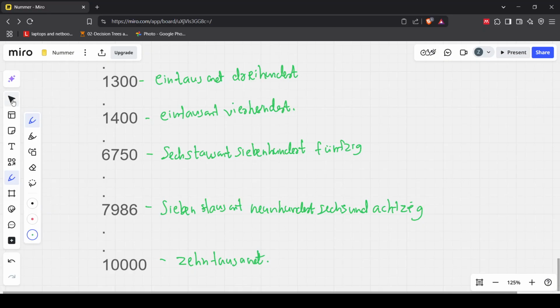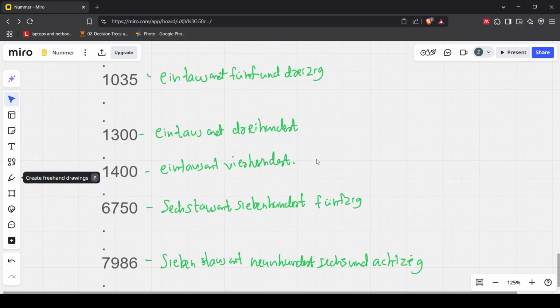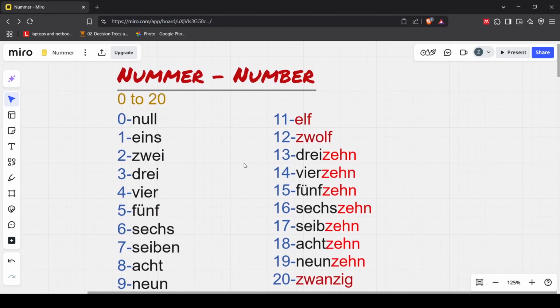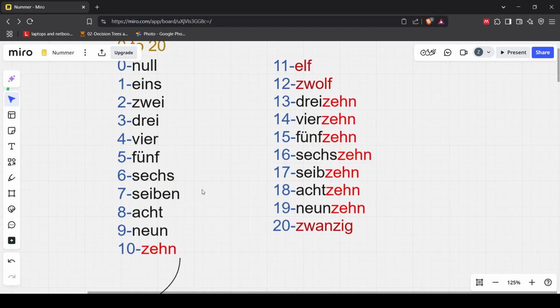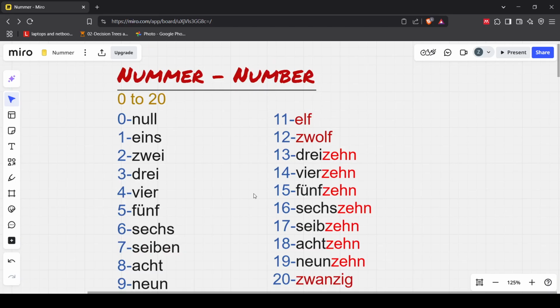So that's it. This is how we count the numbers. As a recap, let me explain the numbers. 0, 1, 2, 3, 4, 5, 6, 7, 8, 9, 10, 11, 12, 13, 14, 15, 16, 17, 18, 19, 20. A tip which I use to learn these numbers is to first count from 0 to 10, then 10 to 0 in the backward way.